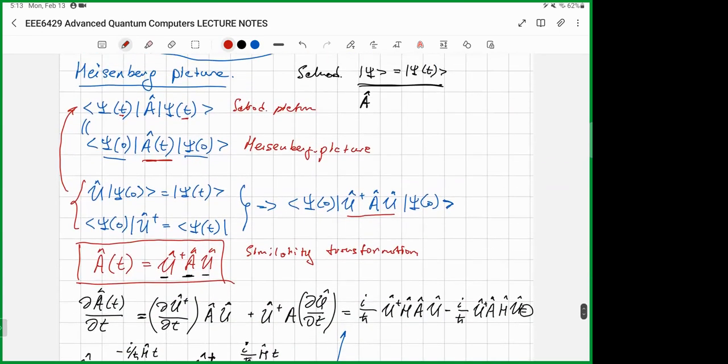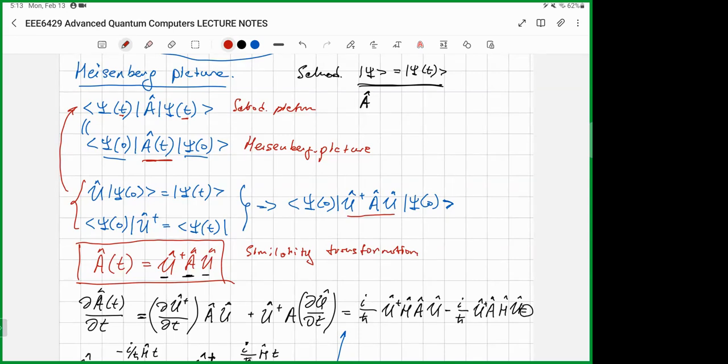Then, using this time evolution operator, we can derive any operator in the Heisenberg picture, right?